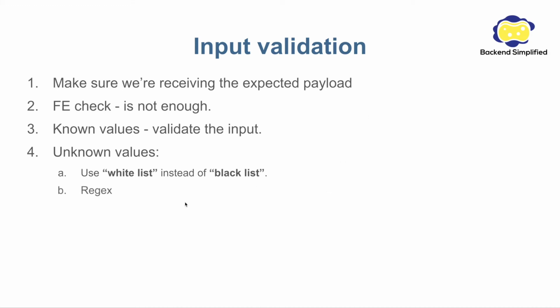Next, there is a recommendation to use regex, especially when you are dealing with something that has a structure. For example, an email has a structure that you can check. Today there are packages that check emails easily. We can also check the types. For example, you expect to receive a number.